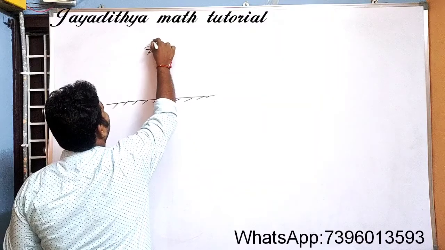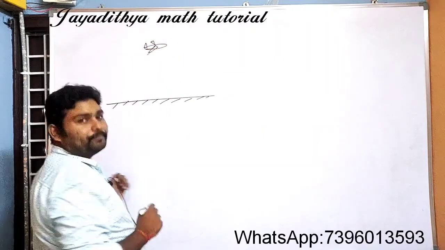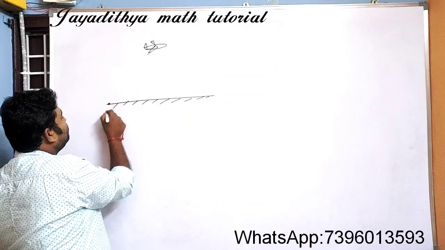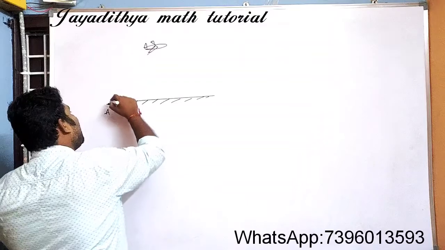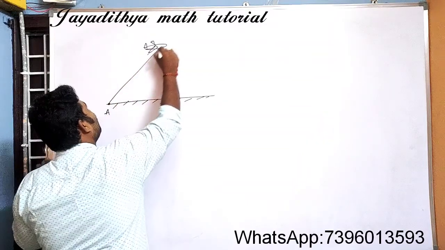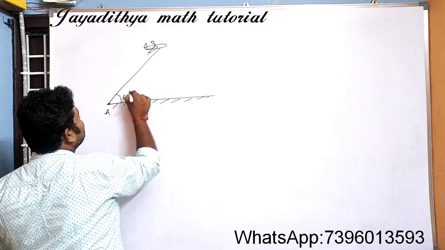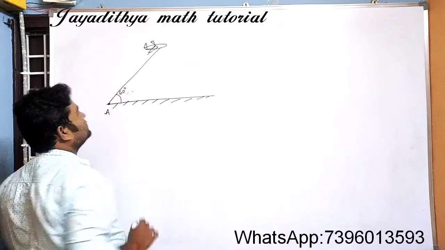From a point on the ground, let us take the point as A, the angle of elevation of the jet plane is 60 degrees. He has given the angle of elevation as 60 degrees.